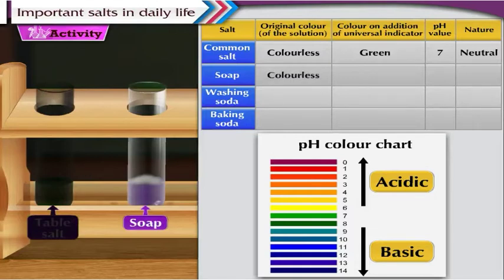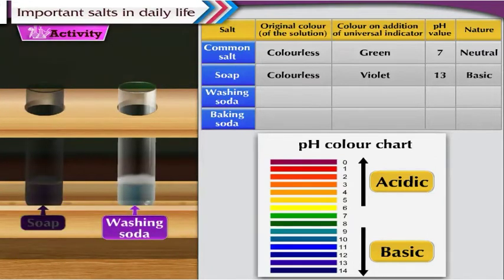On addition of the universal indicator, its color changes to violet. On comparing this color with the pH color chart, we find that the pH of soap solution is 13. We know that the pH greater than 7 indicates basic solution. This shows that soap solution is basic.